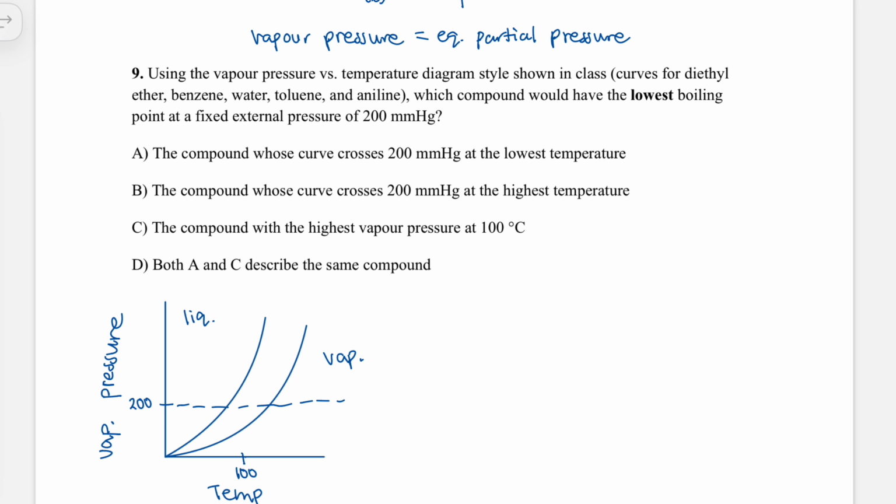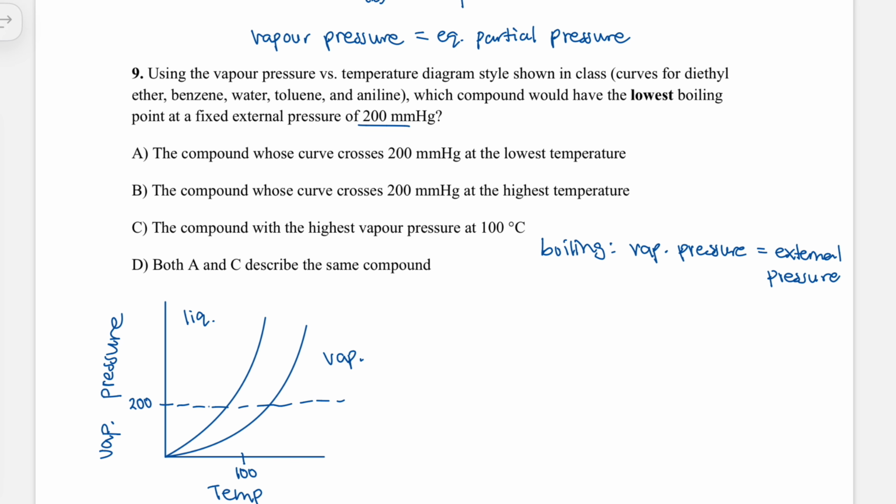This is going to be true because boiling happens when the vapor pressure equals external pressure. That's when boiling happens. So a lower boiling point should be a lower temperature when it reaches the external pressure of 200.